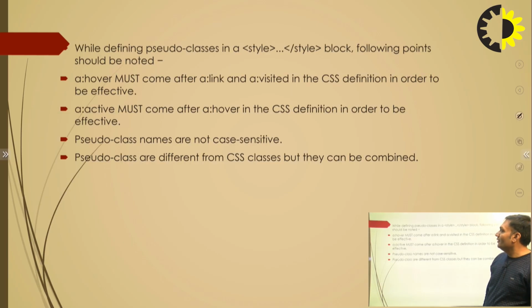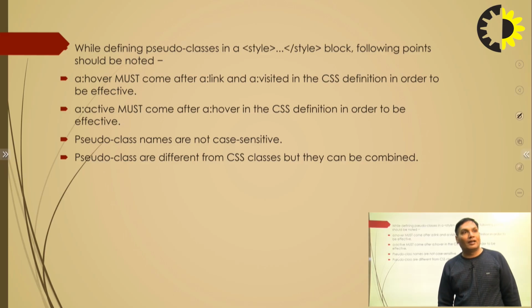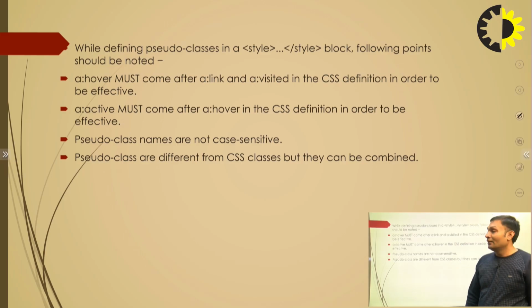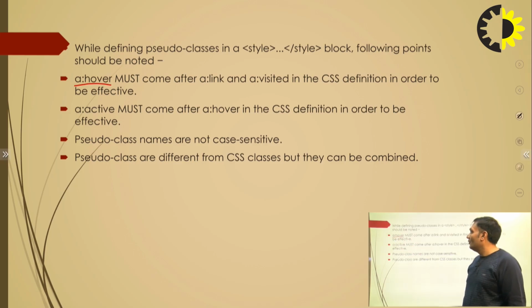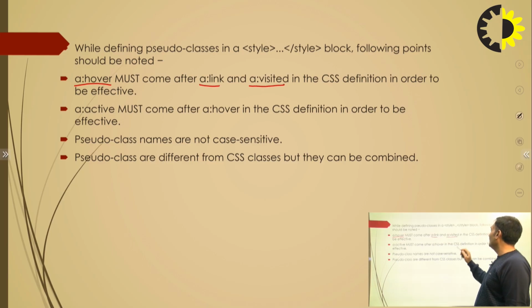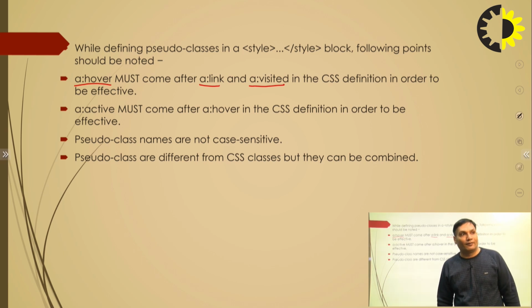When we are defining pseudo-classes in a style block, we should follow these points. If we are writing a hover pseudo-class, it must come after the link and visited pseudo-classes in order to be effective.